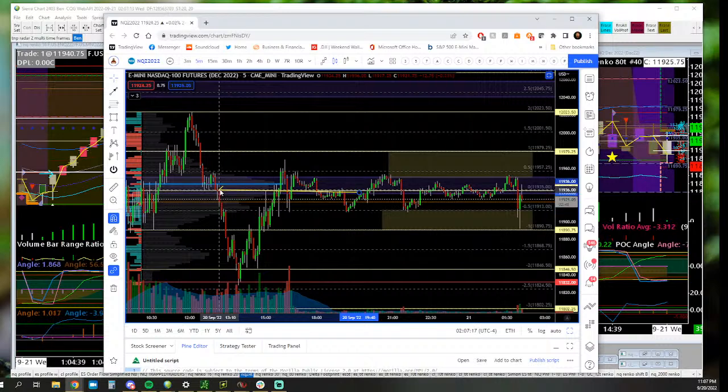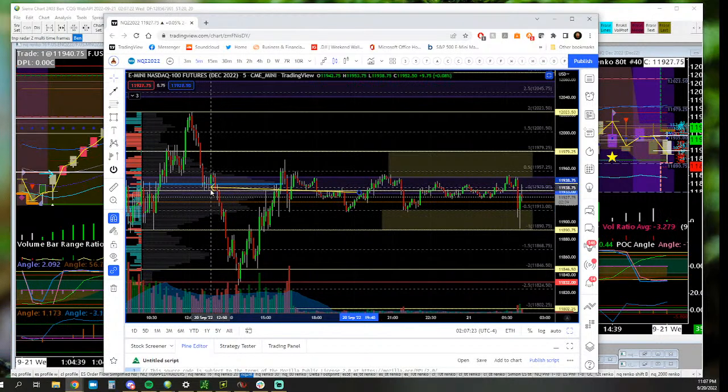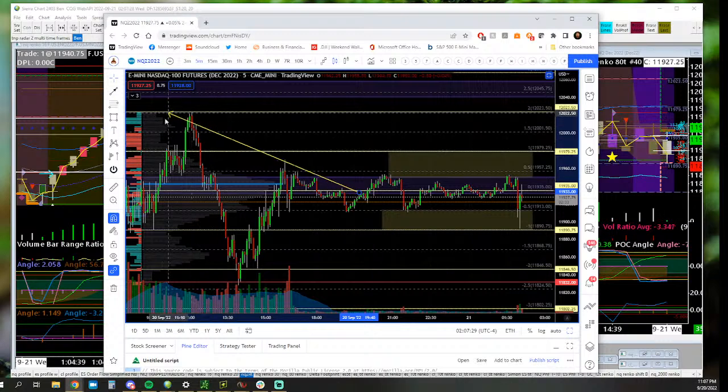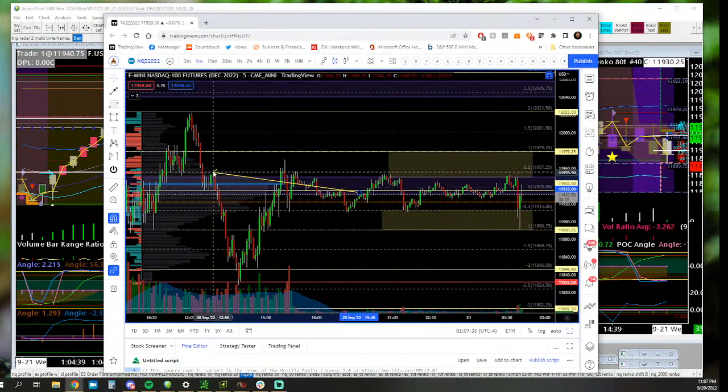Right here is where I stopped out of that trade today, because I longed this thinking for some reason that we were going to balance here, which in retrospect looked kind of silly, because these guys were clearly trapped. But at the time it made sense for a scalp and didn't hit my target. Then when it stopped out, it would make sense here to short because now it's momentum.